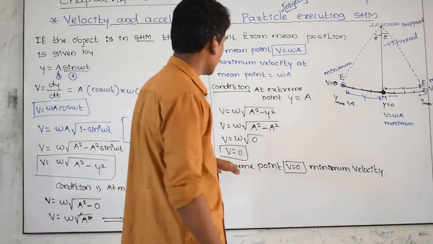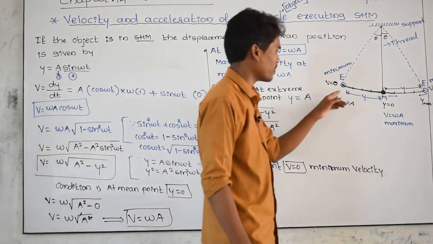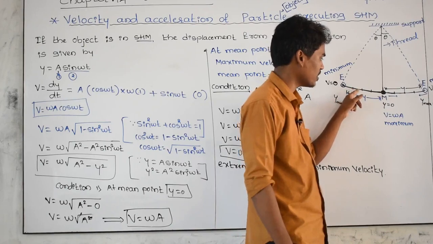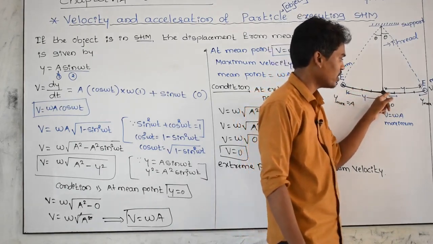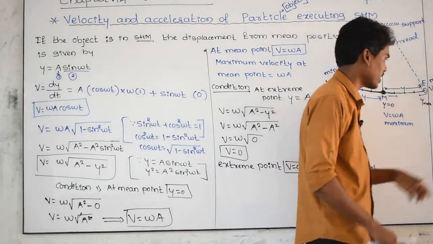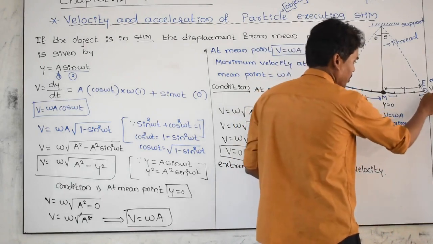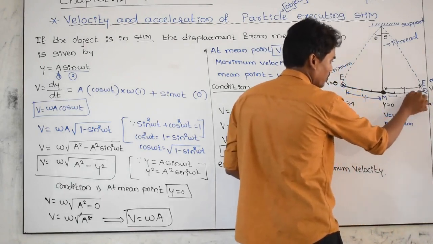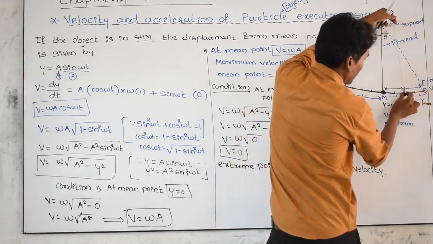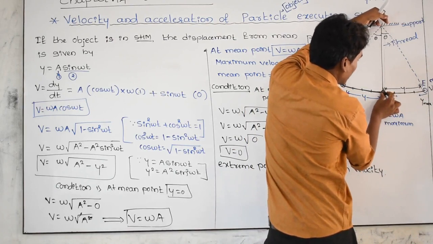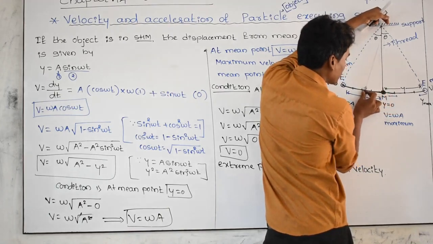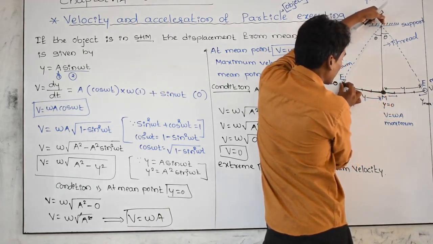Here the velocity is 0, which means the velocity goes on increasing, is maximum at this point, goes on decreasing, and becomes 0 here. And again, whenever the object is coming to this point, moving towards the mean position, velocity goes on increasing, and at this point velocity is maximum. Once the object crosses the mean point, velocity goes on decreasing and becomes 0 here.